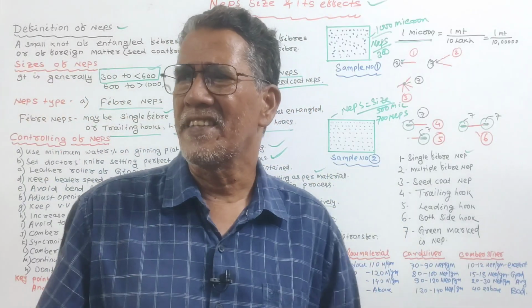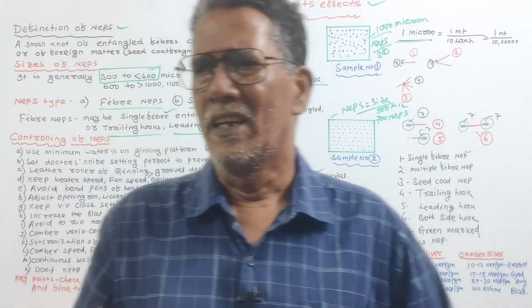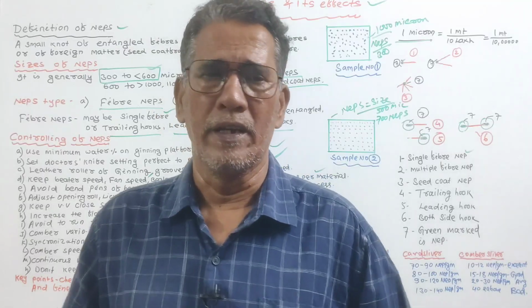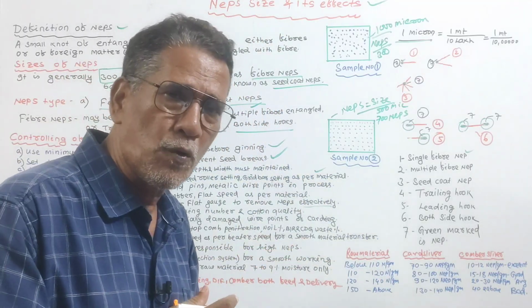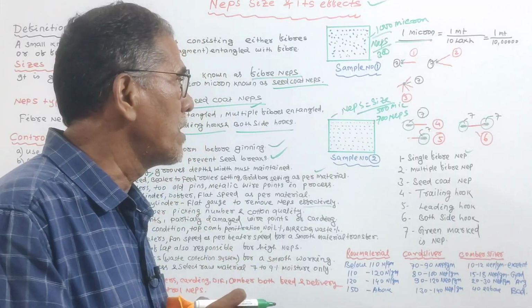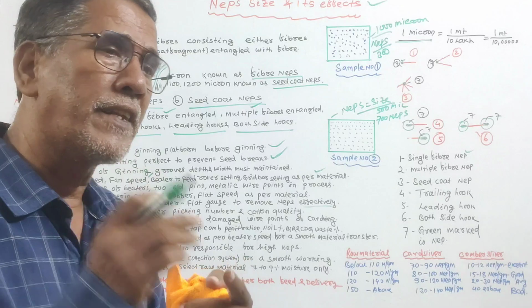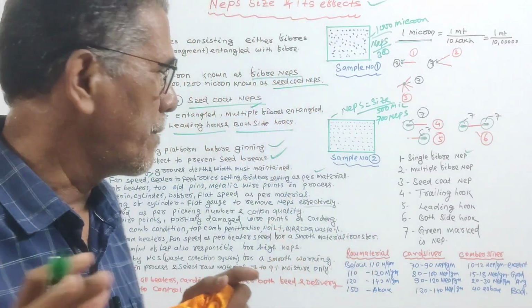If we are running synthetic, 12, 10 thou is okay, or 0.3 is also okay. And you see, if you do not keep a closer setting, naps will not be removed. If you do a closer setting, those naps will be collected by the flat waste and cleared.